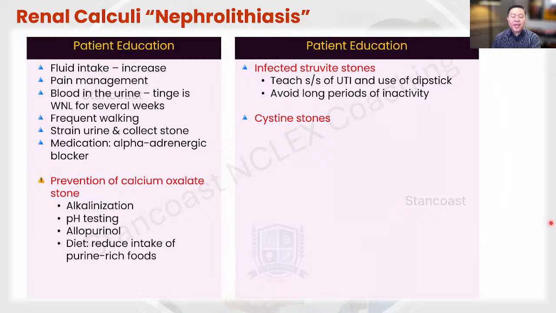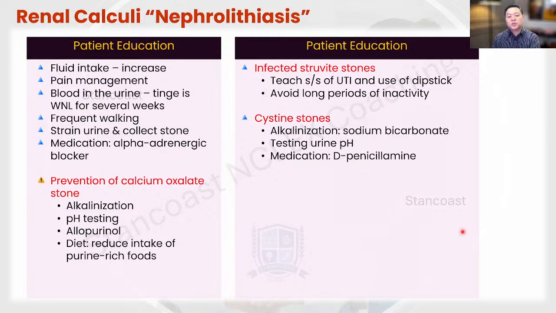Now, with the case of the cystine stones, we are going to alkalinize the urine, of course, with the use of sodium bicarbonate. This is going to be prescribed, and this is going to allow the solubility of the cystine type of stone. They're also going to be taught about testing their urine pH. And we want to make sure that they are taught on the use of penicillamine, which is the medication that will lower the cystine, or it will also dissolve the stones with the thiol derivatives.